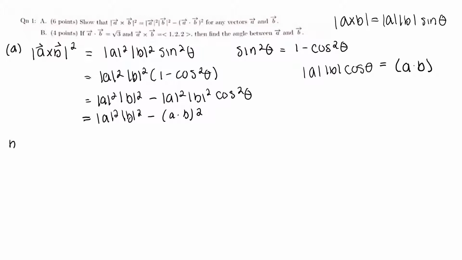Now for part B, it says if a dot b is equal to the square root of 3 and a cross b is equal to (1, 2, 2), then we need to find the angle.